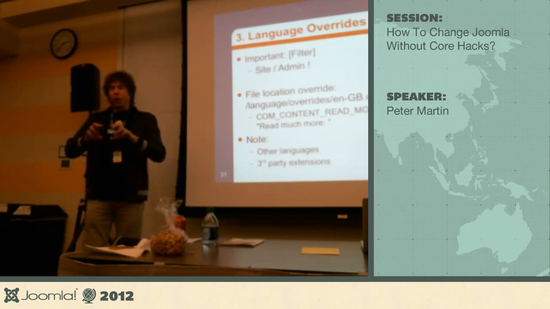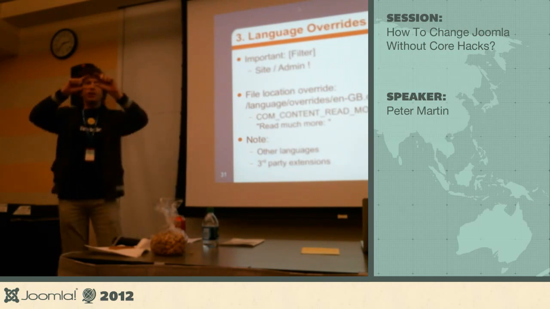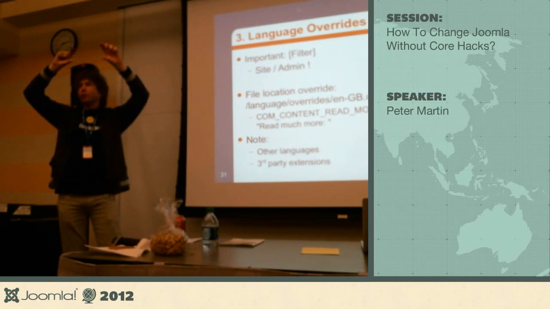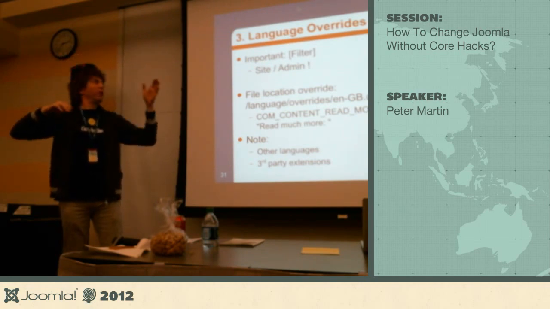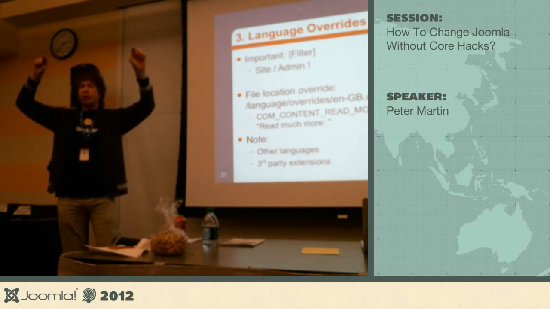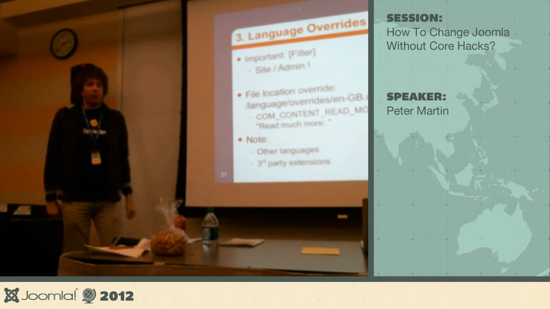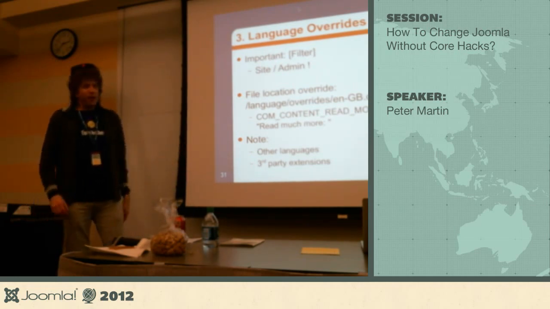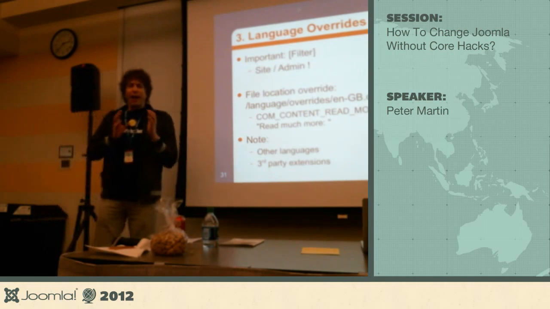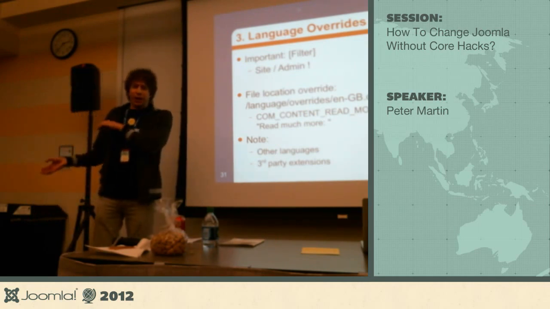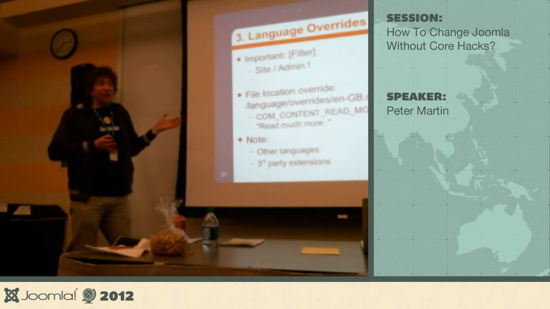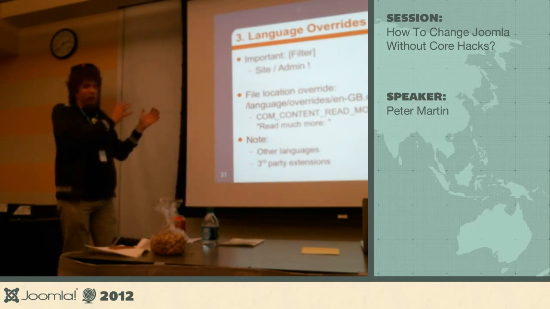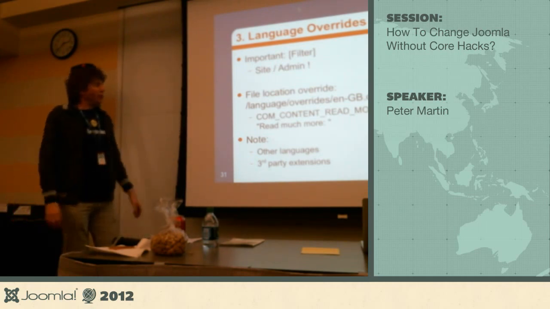So I showed him that I was able to change the Xmap in the admin menu. When you started up on the components, it said Xmap or Sitemap Manager, to make it Peter's Sitemaps Manager. That was nice. And then he said, yeah, can you do that for the African language as well? Well, it's possible, but we tried and we tried and we tried, and it didn't work out.